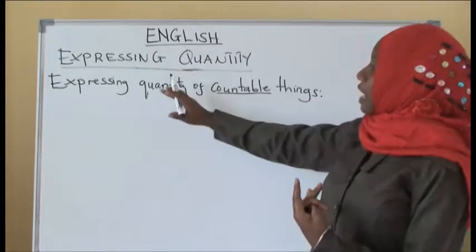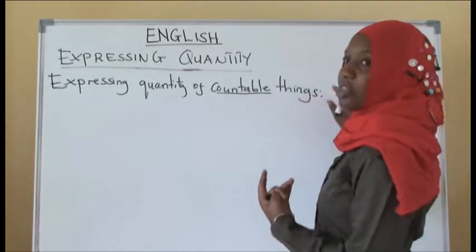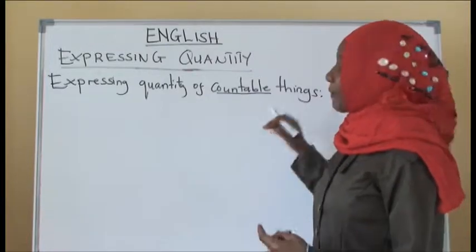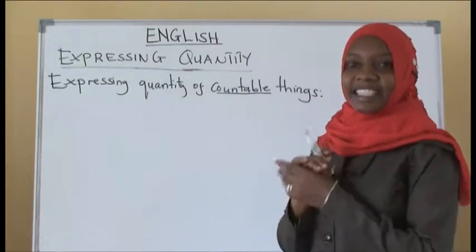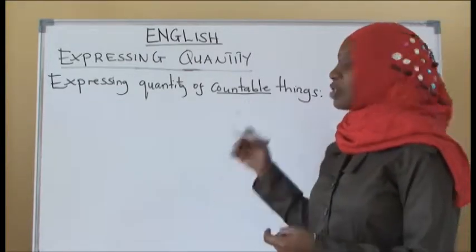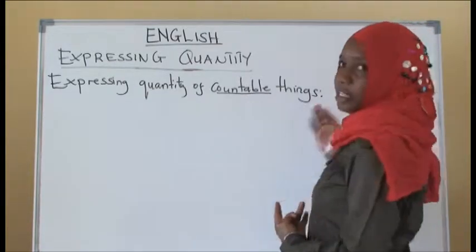So we shall see how to express quantity of these countable things, like tomatoes, mangoes, apples, oranges, chairs, spoons, houses, cars, the things that you can touch and you can count. We call them countable things.